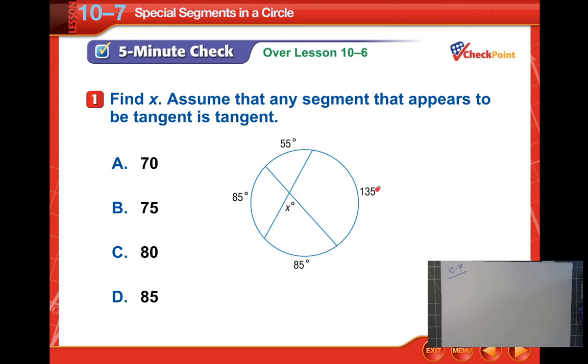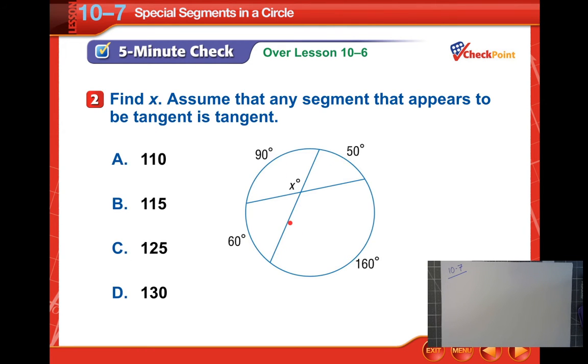We're actually not going to use these two numbers at all. What we're going to do is take 55 and 85 and average them out. So we'll add them together, 55 and 85, add to 140. We'll divide that by 2, and we should get 70. So remember, when we have something like this, x is going to be the average of these two numbers.